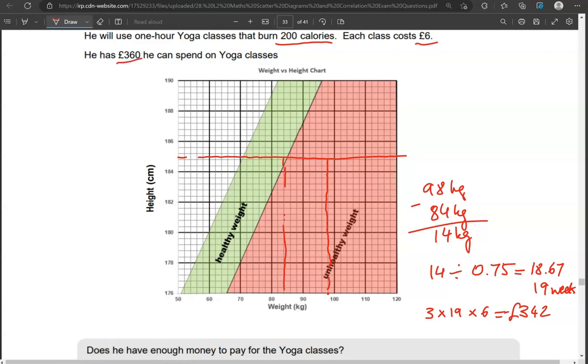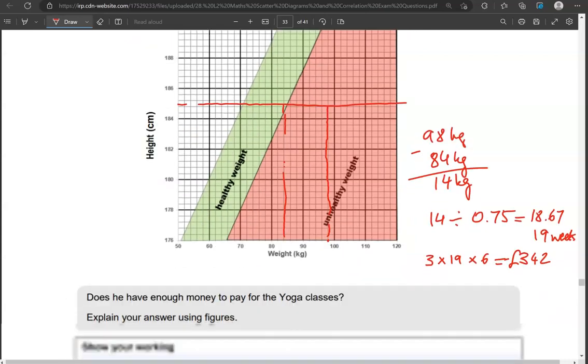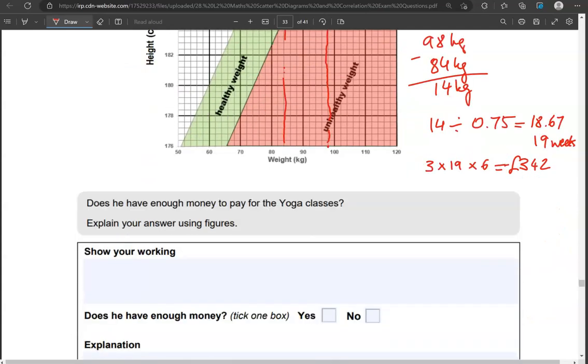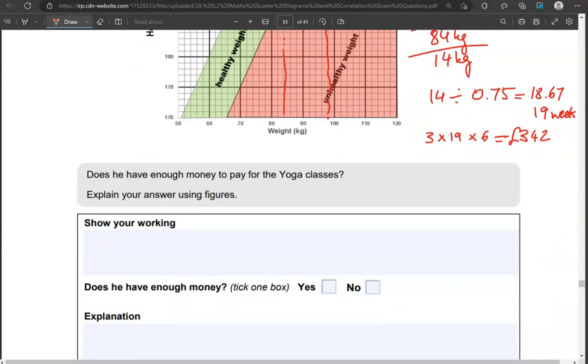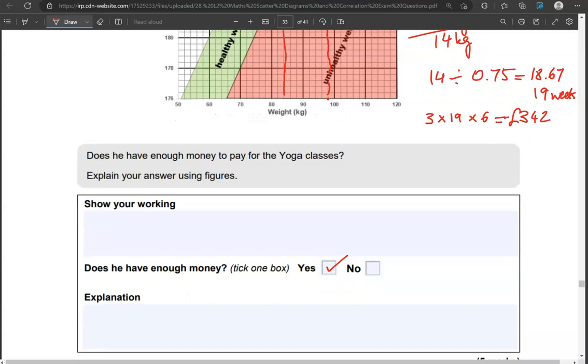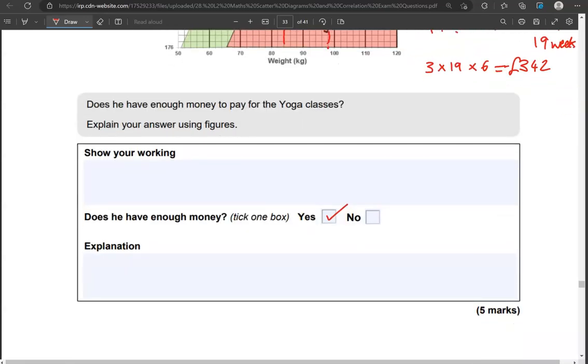He has 360, so that is enough. So he has £18 more than he needs.